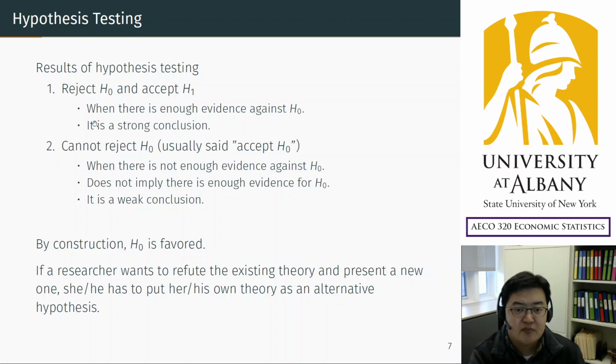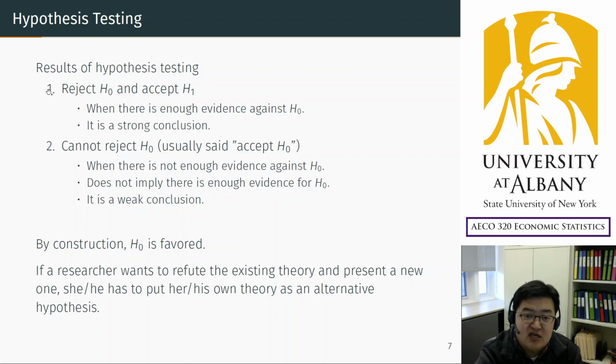So when you cannot reject the null hypothesis, the conclusion is actually weak because it may imply there is no evidence. But when you reject the null hypothesis, that means you have strong evidence.